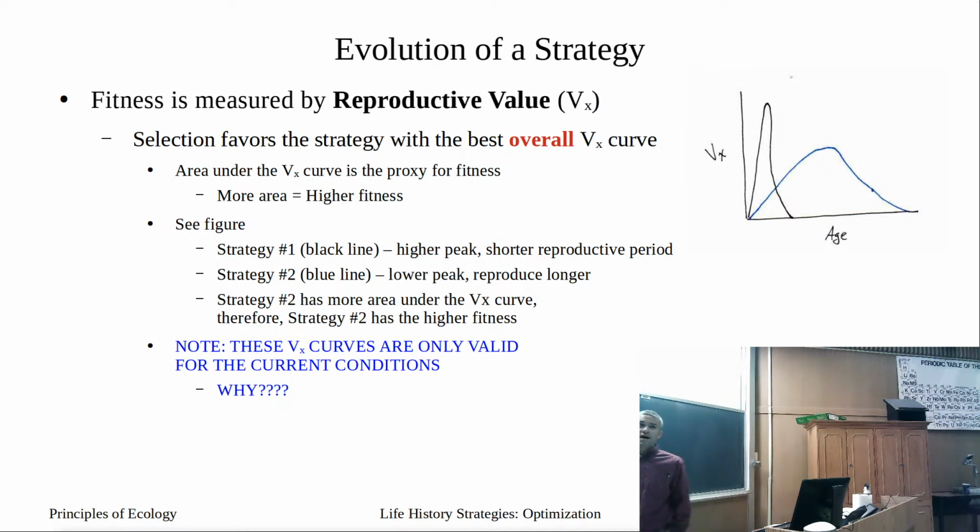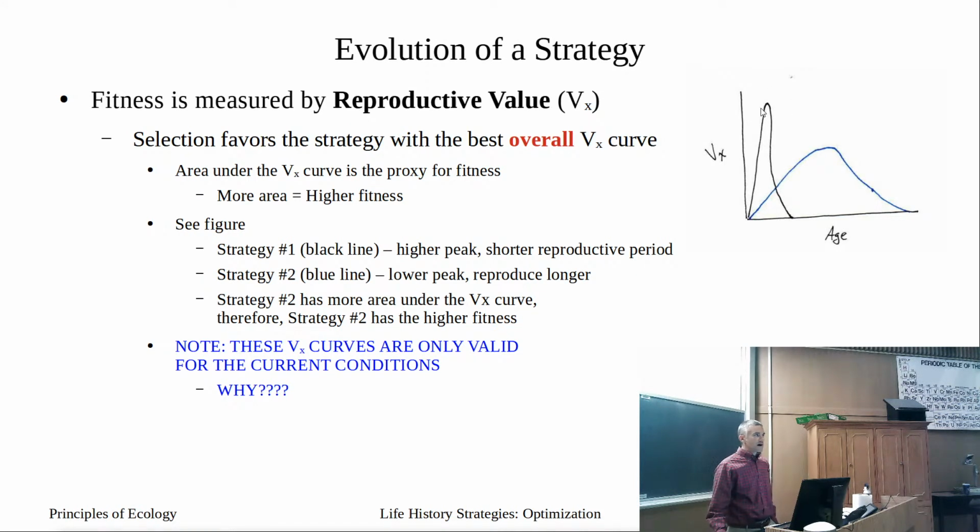And if we're going to survive, probably we're going to reproduce not just one time, but maybe a couple times throughout our life, and spread the risk of our reproduction over time. So we don't have as high of a peak at any one point, but our curve spans a much larger period of time. So which one's better?